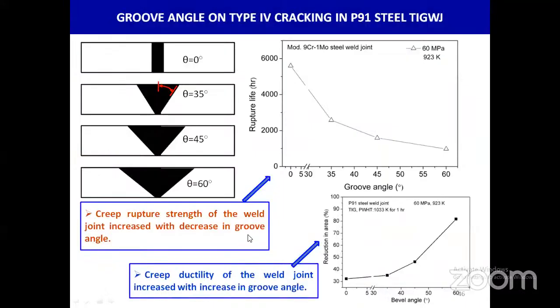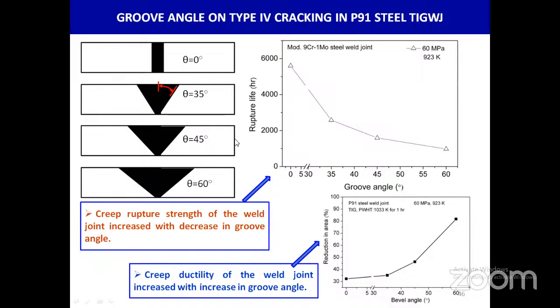If we change the groove angle, will it change the creep behavior? We changed the groove angle: 90-degree, which is single pass, and 35-degree, 45-degree and 60-degree bevel angles. It is significant to note that with the change in groove angle, the rupture life changes. The lower angles, the square butt joint and the 35-degree bevel angle, provide better creep strength than the higher groove angle joints, because with higher groove angles, multiple thermal cycles are needed to deposit the material.